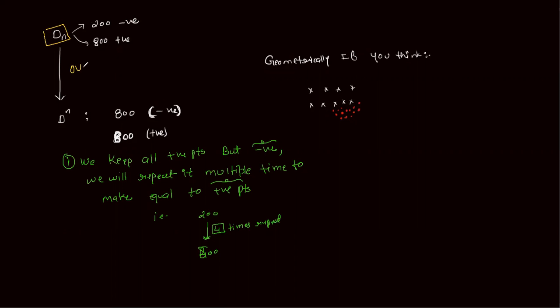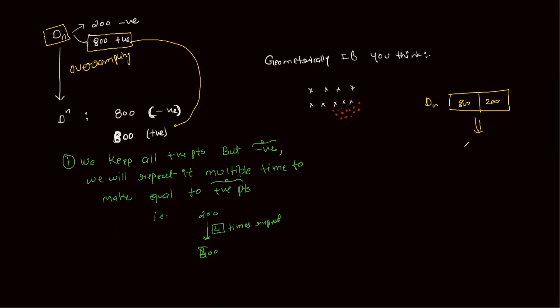We are going to perform oversampling. It's a very simple strategy, not too complex. We are going to take the class with fewer points and copy it. Inside this data set we have 800 positive points and 200 negative points.